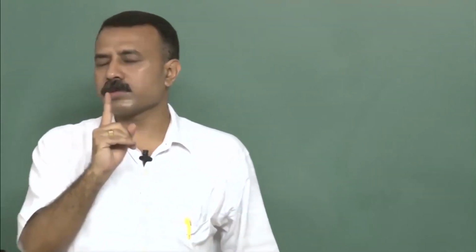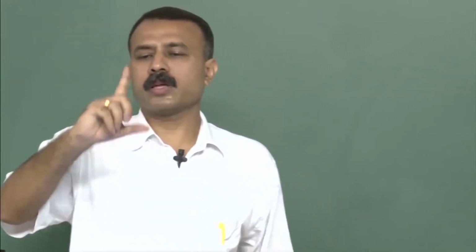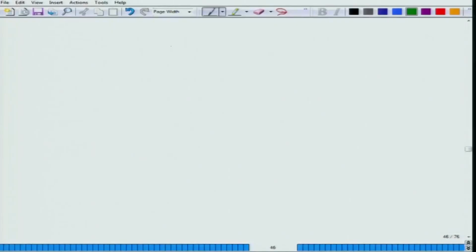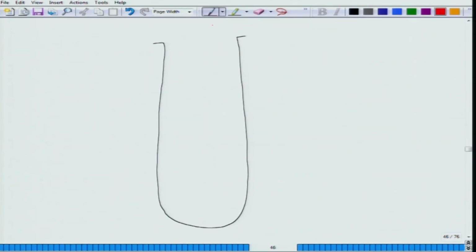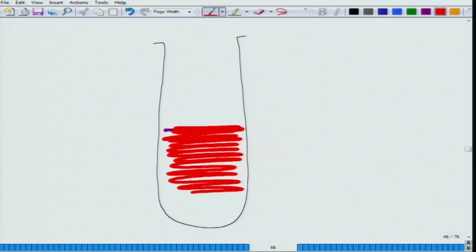So, say for example, you take a blood sample in a tube like this. Just draw it for your visualization. I give you a tube like that, filled with blood. This all red is the blood.